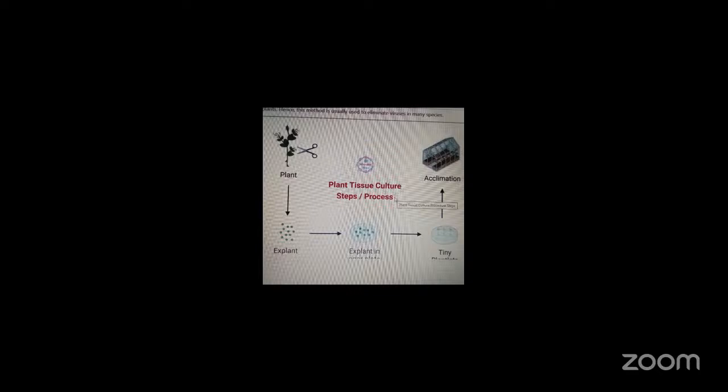They are easy to handle and can potentially be stored for a long period. There is a potential for low cost of production. These are the advantages of synthetic seeds. So coming to the rooting of shoots.